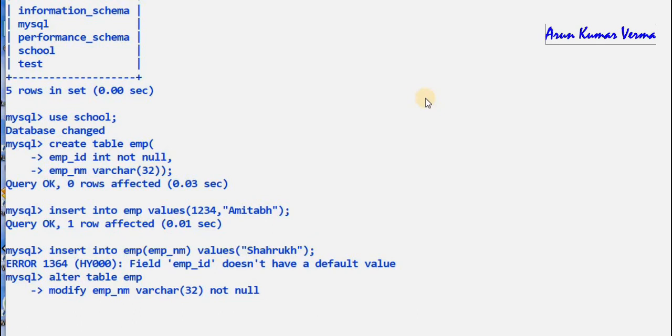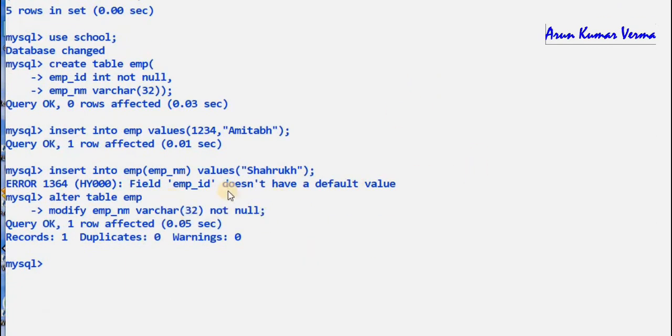So in this way you can apply it. Now I have applied the not null constraint to employee name also. If you forgot to apply the not null constraint, using the alter command you can modify it. So this is the way to apply the not null constraint.